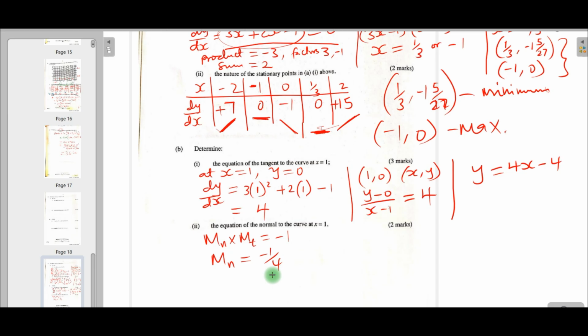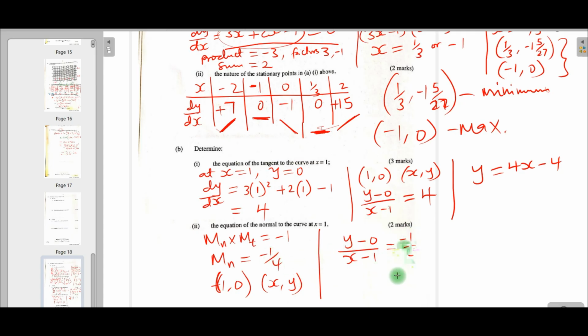Again, at the same point, we have that point 1, 0, and take an arbitrary point x, y. So again, we find the equation. So change in y, y minus 0, divided by x minus 1 is equal to the gradient, -1 over 4.